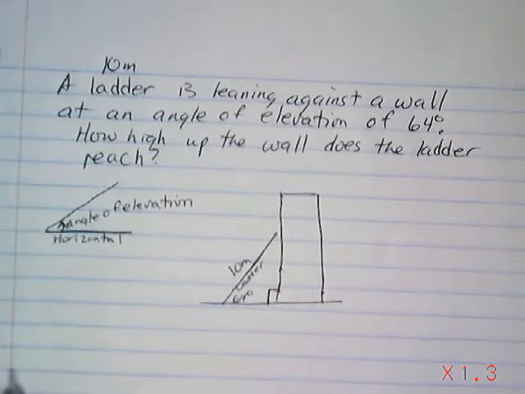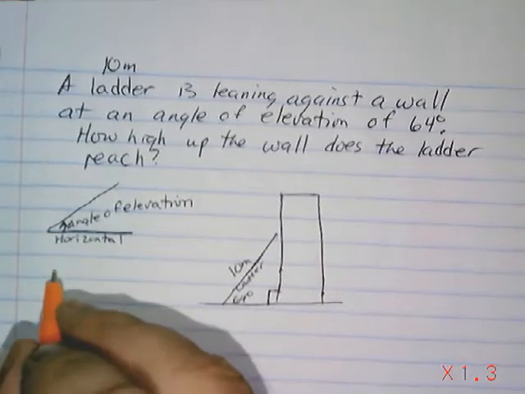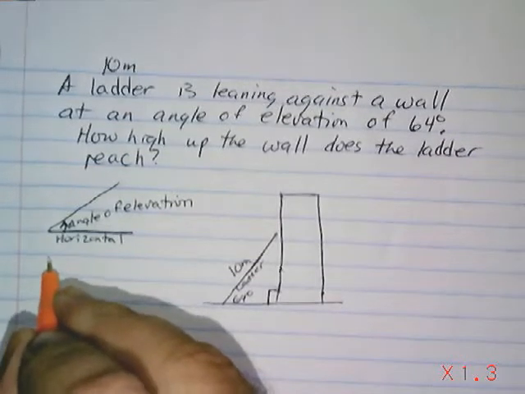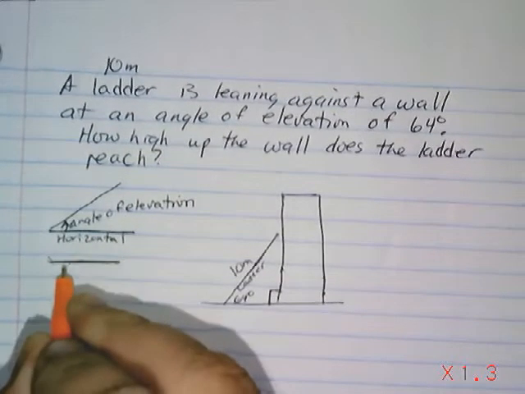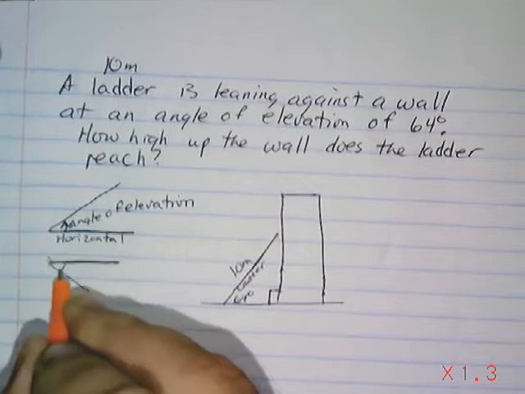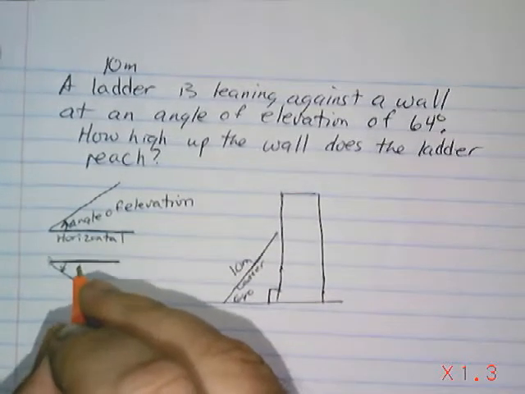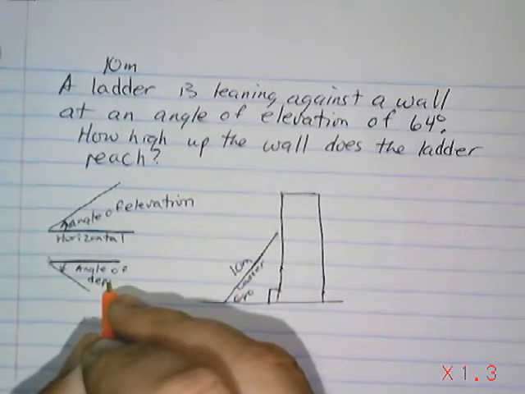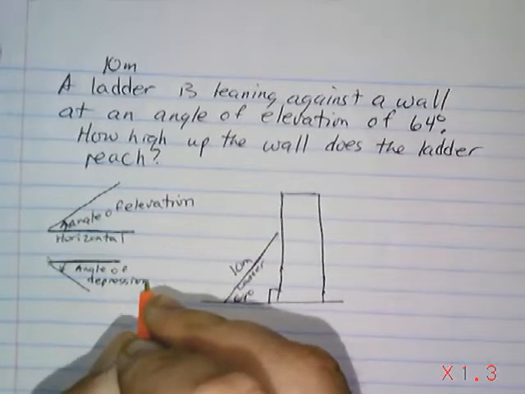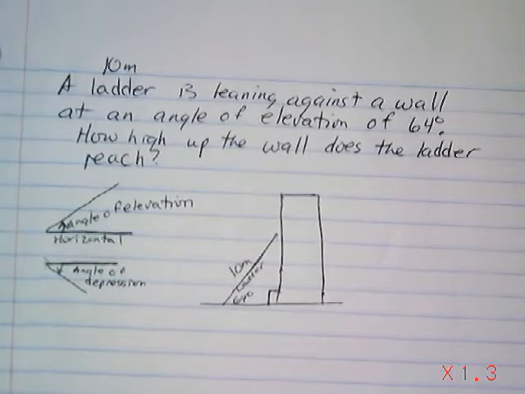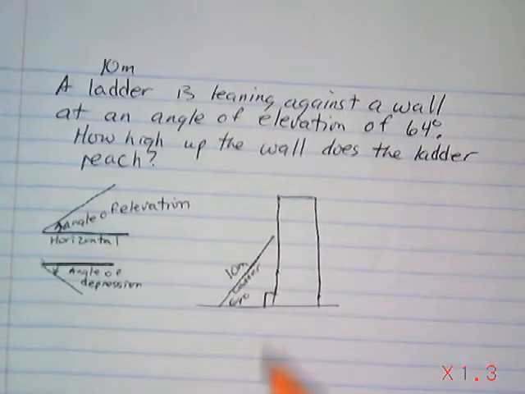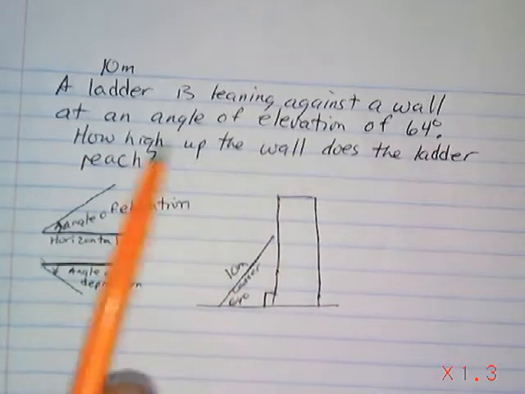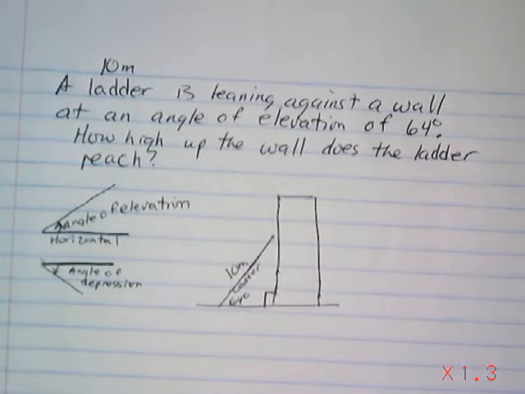Well, let's do an example now where we have to find an angle instead of finding a side. So an airplane is 1.5 miles up and 16.2 miles from the airport.